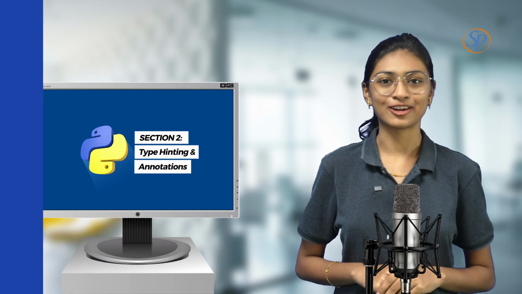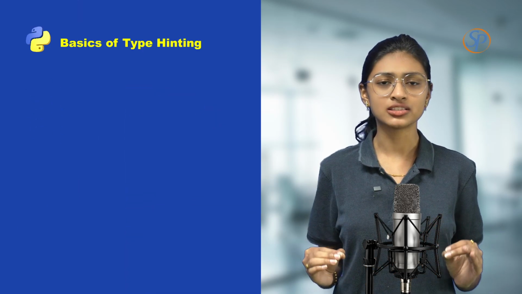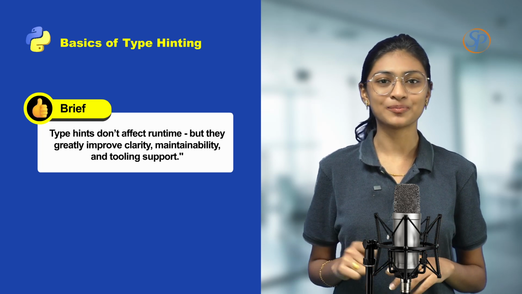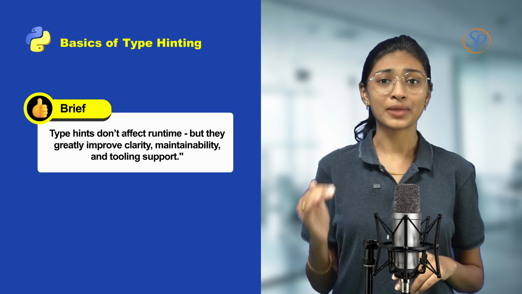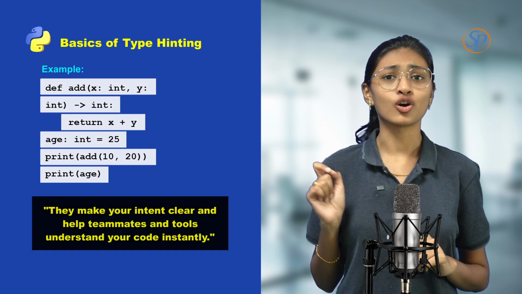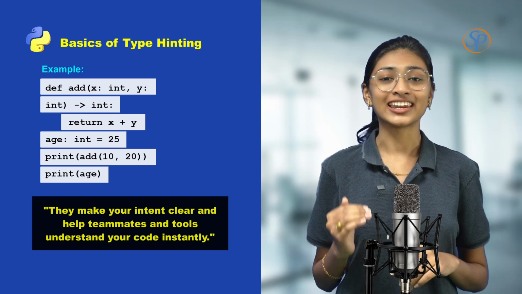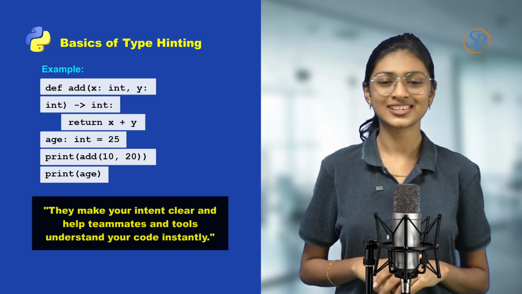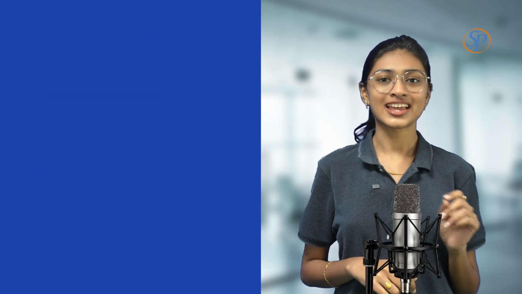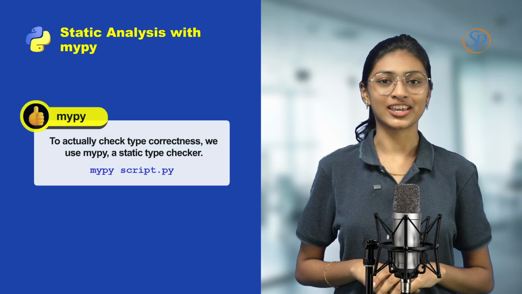Type hinting and annotations. Type hints don't affect runtime, but they greatly improve clarity, maintainability, and tooling support. They make your intent clear and help teammates and tools understand your code instantly. Static analysis with mypy.